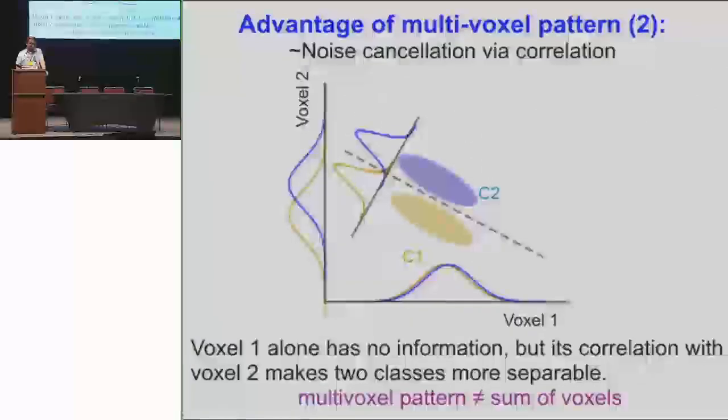And another mechanism is shown here. Here, voxel 1 has virtually no information, and voxel 2 has a small amount of information.